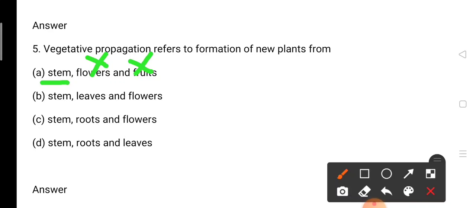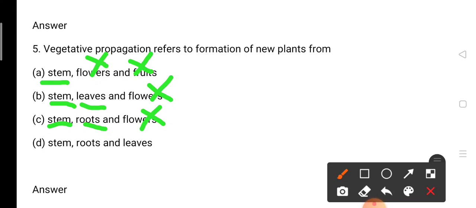Option B, stem, leaves and flowers. Stem and leaves are vegetative parts, but flower is not a vegetative part. Option C, stem, roots and flowers. Stem and roots are vegetative parts, but flower is not a vegetative part in option C also.